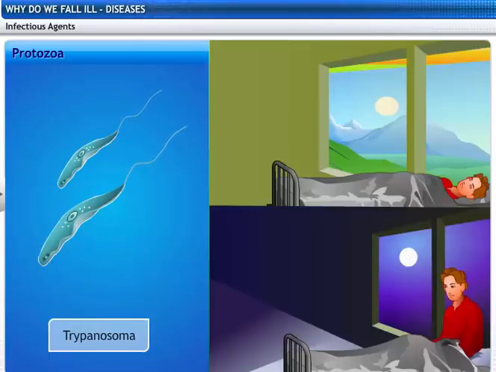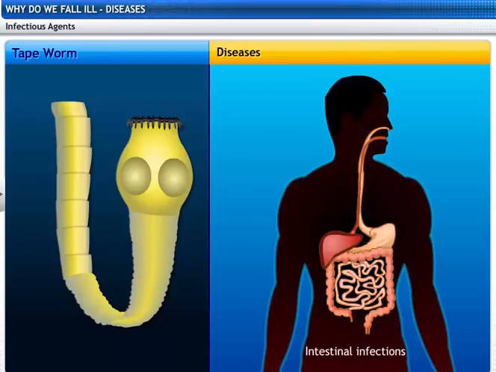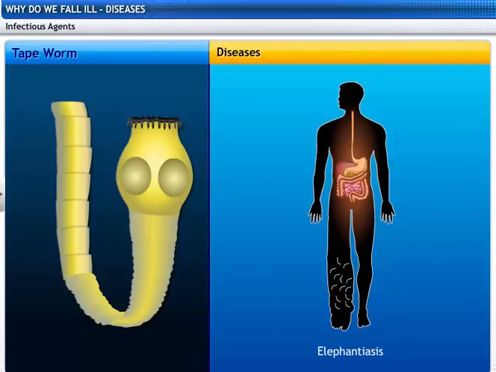Trypanosoma cause sleeping sickness, manifested with confusion, sleeping during the day, and staying awake during the night. Worms are macroscopic organisms that localize in the intestine of the host and cause diseases. Worms cause intestinal infections and lymphatic infections like elephantiasis.